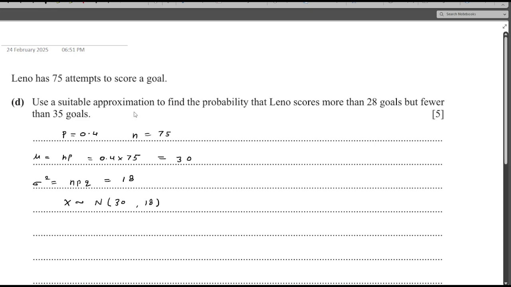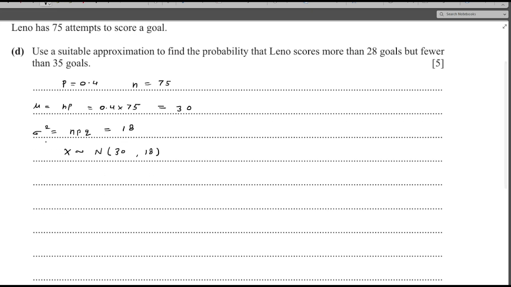Now I have to find the possibility that Lino scores more than 28 and less than 35. So I have to find the possibility of X more than 28 and less than 35. Now the distribution itself is not a normal distribution, but we approximated a binomial distribution to normal distribution. So we apply the continuity correction when I convert my X to Z, when I convert my discrete variable to a continuous variable.